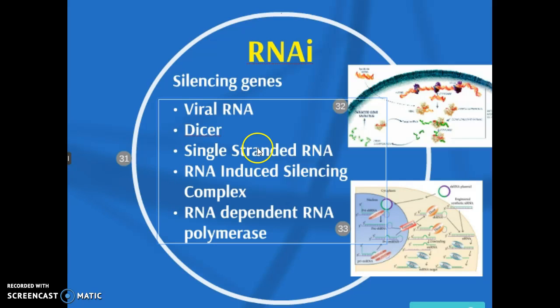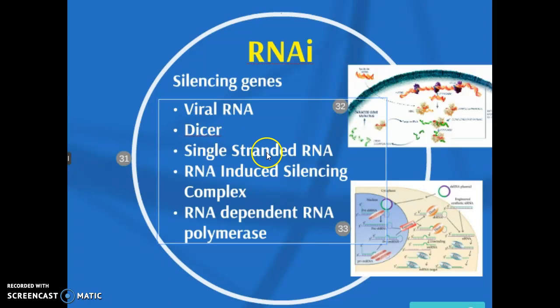Some components that you can find here are viral RNA, which is the sequences that we're trying to silence. We have a dicer, which is what allows those sequences to be chewed up and cut up. You have single-stranded RNA, which are what have been chewed up by the dicer.